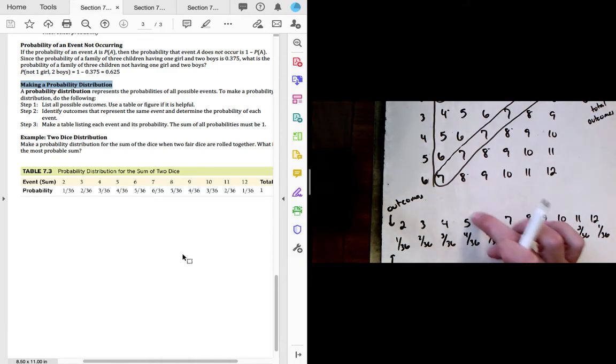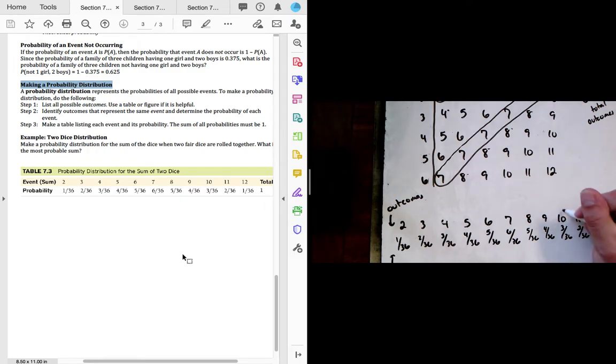The question could be more complicated than that, though, and this is where the benefit of having the distribution comes into play. What if the question said something like, find the probability of rolling 2 dice whose sum is greater than 9? Then I'd be looking at multiple outcomes that represent that event. That means a 10 satisfies the answer, an 11 satisfies the answer, and a 12 satisfies the answer.